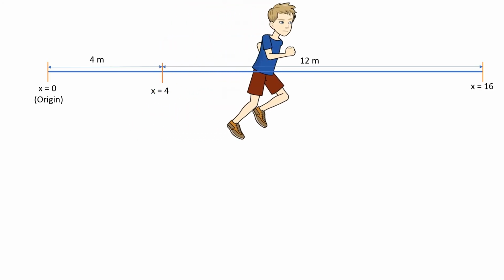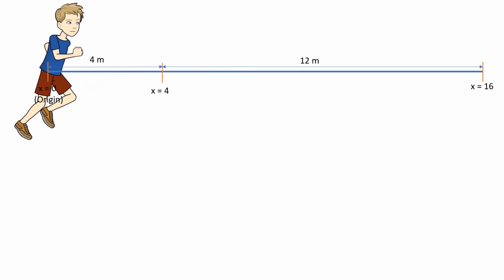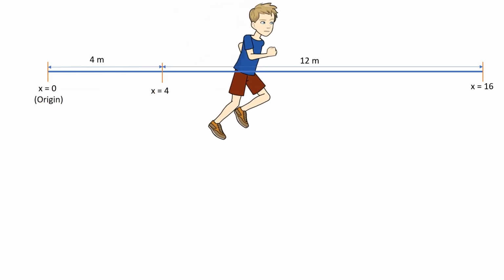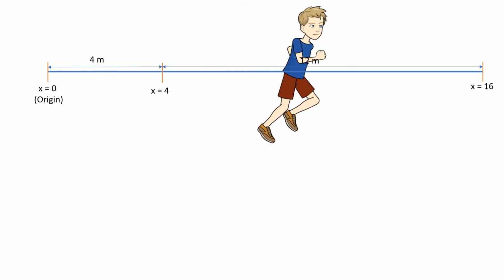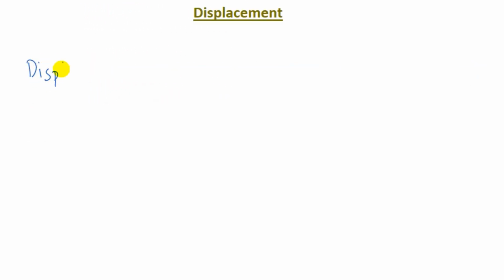Now this cartoon character started from the initial position, then went backward, and it stopped at the final position. So the displacement would be equal to the change in position, that is the final position minus the initial position.